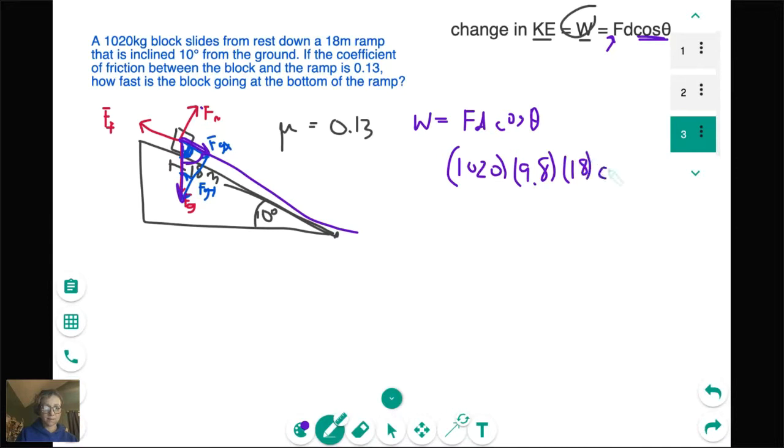Now times cosine of 80. And when you multiply all of that out, you get 31,244 joules.